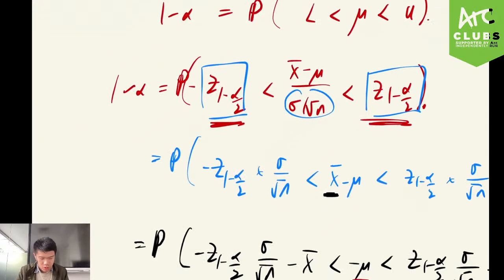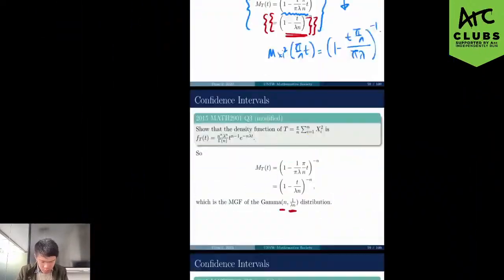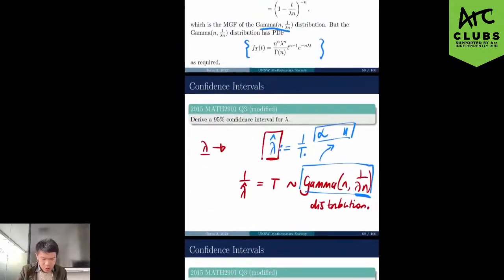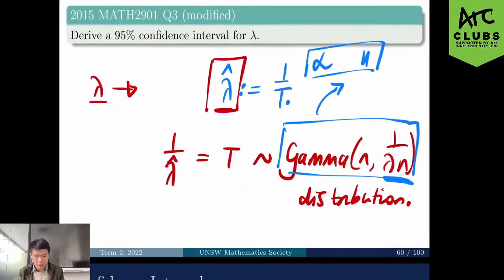But if the distribution we're using has lambda in it, we can't find the lower bound or the upper bound. So we need to somehow make this distribution free of lambda.